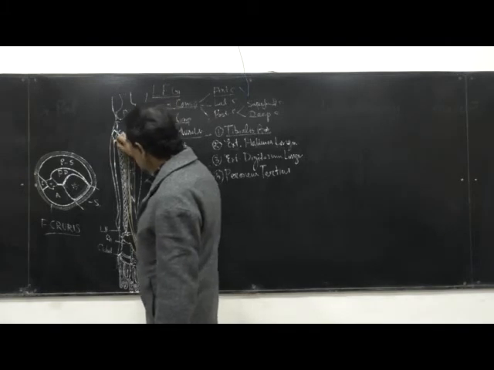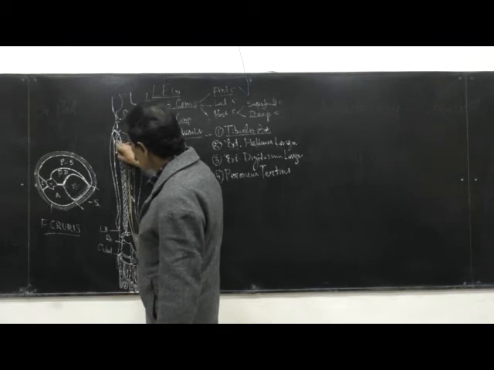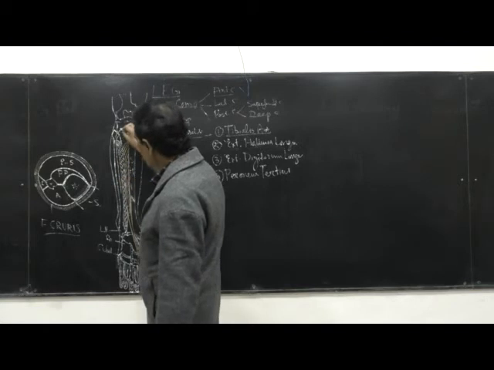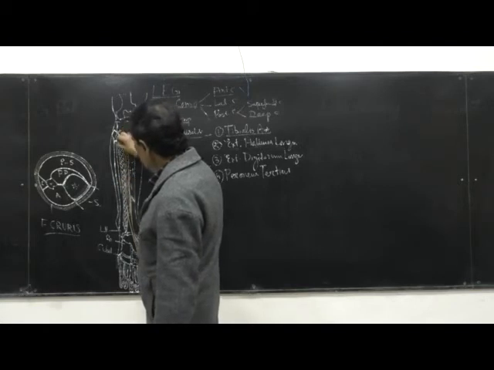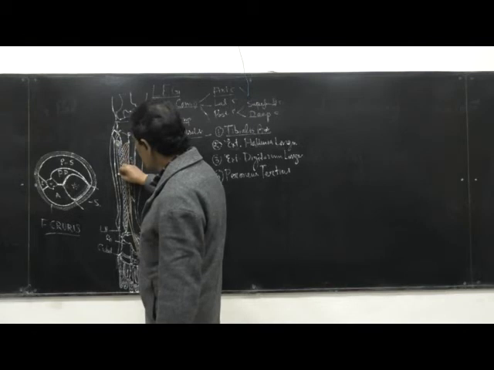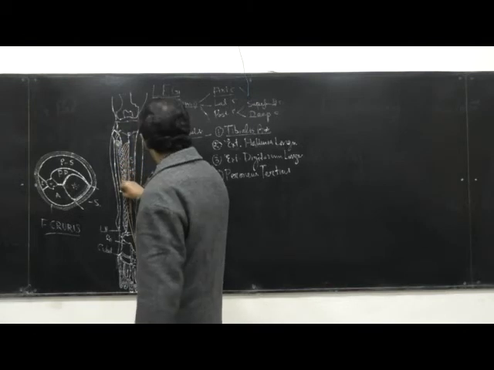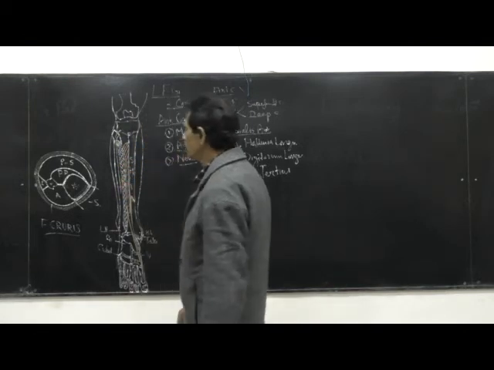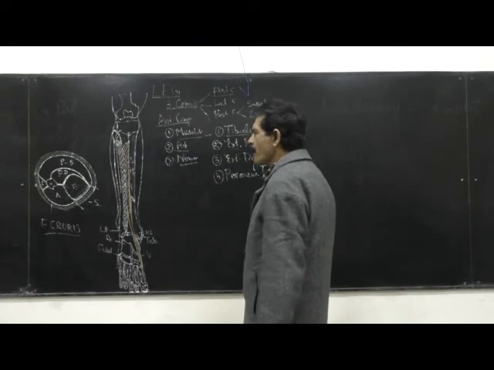Then again this muscle takes origin from the shaft of the fibula. So number one, number two, number three is the origin of extensor hallucis longus.